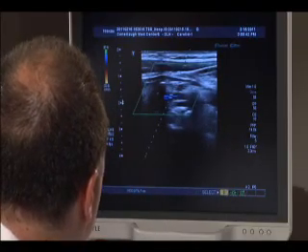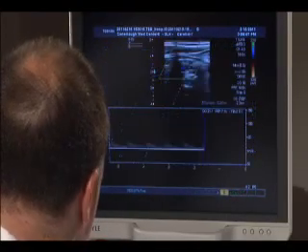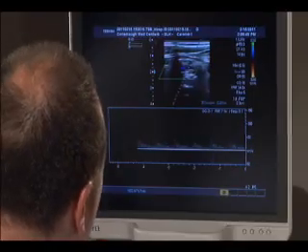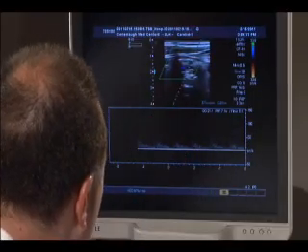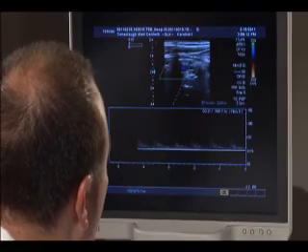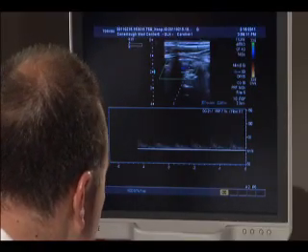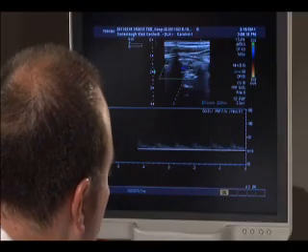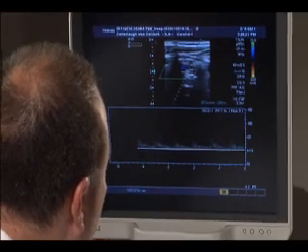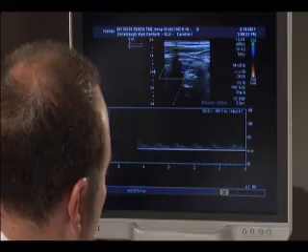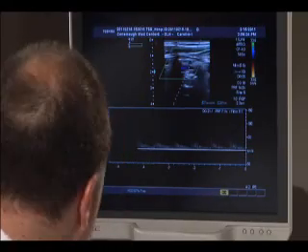However, soft tissue can be easily imaged. And check the direction of flow in the vertebral arteries to make sure it's coursing toward the brain and not away from the brain. If it's moving the wrong direction, that can tell us about a blockage down below the collarbone on one side or the other that may also be limiting blood flow that actually reaches the brain.